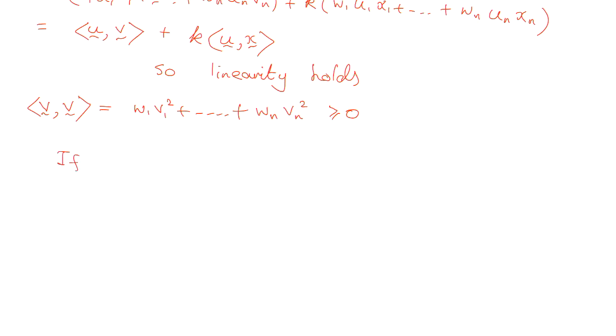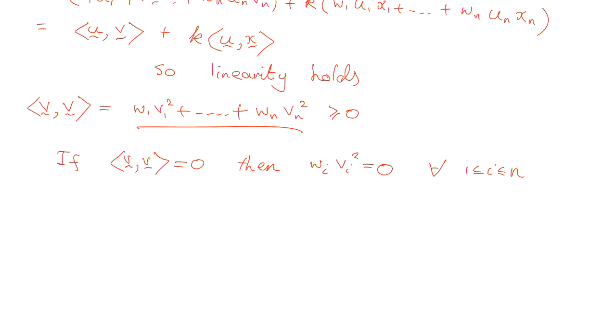So let's write that down. So if this thing does happen to be 0, then what's actually going on? Well, we've got a sum of non-negative terms. The only way that a sum of non-negative terms can be 0 is if every single term vanishes, right? Because you can't have cancellation because everybody's non-negative. So the only way that this thing could possibly be 0 is if every single term individually vanishes.